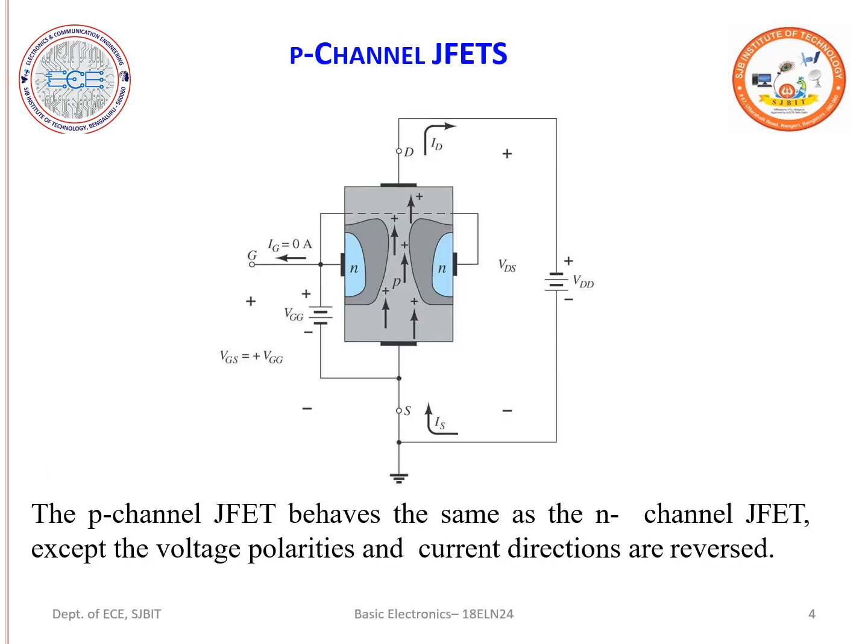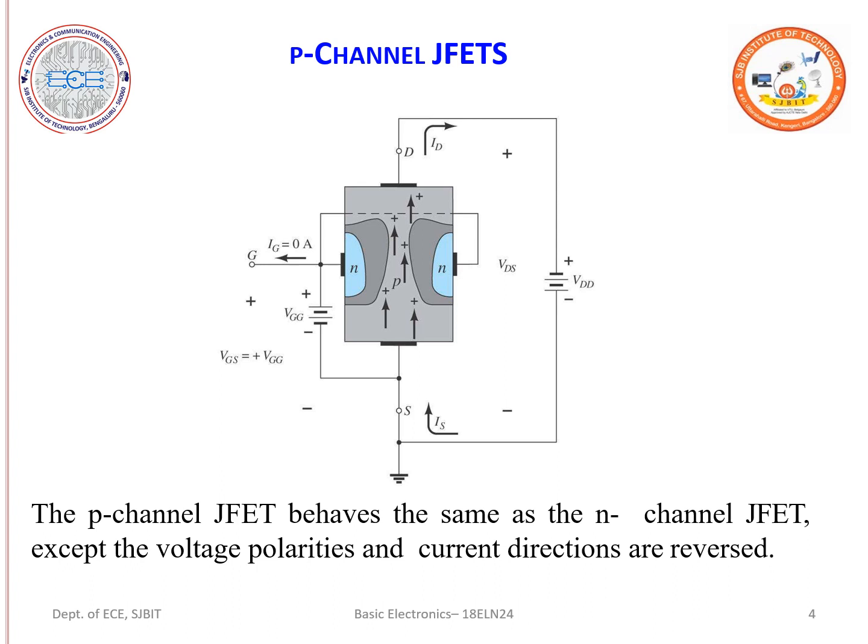In the P-channel JFET, the construction is the same. That is, we have the P-channel, and on that we have the N-regions, which act as the source and the drain.